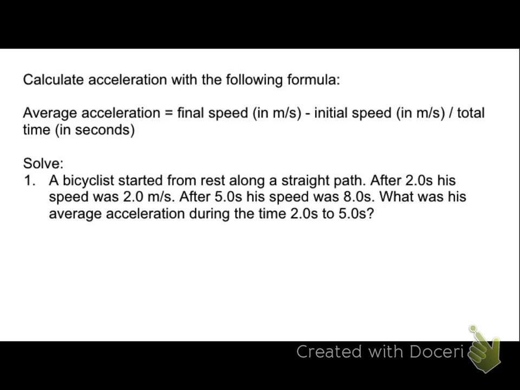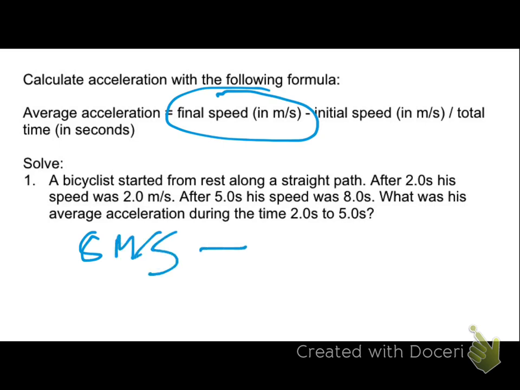Okay, so in order to solve this problem, we have to start by finding our final speed. What was our final speed? 8 meters per second, okay? And we're going to subtract from that our initial speed.